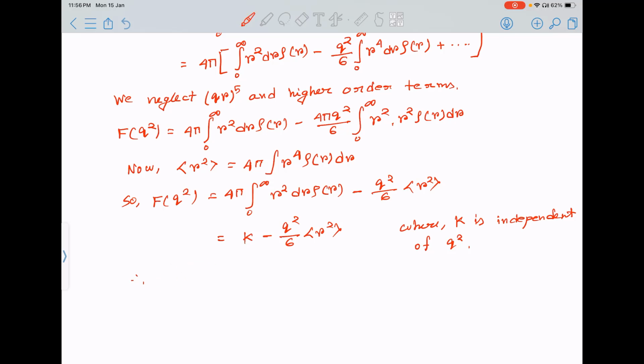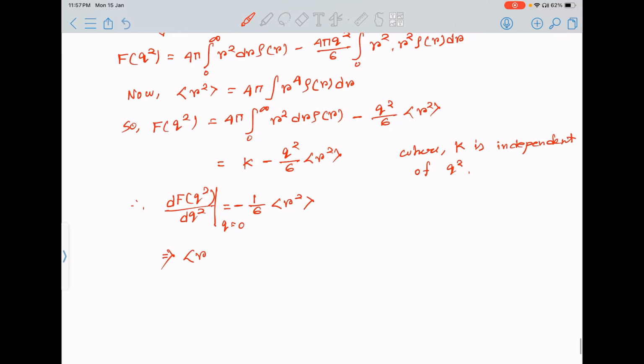If I just differentiate both sides, dF(q²)/dq² would be minus 1/6 ⟨r²⟩, and I need to calculate it around q equal to 0. So ⟨r²⟩ would be minus 6 times dF(q²)/dq² about q equals 0.